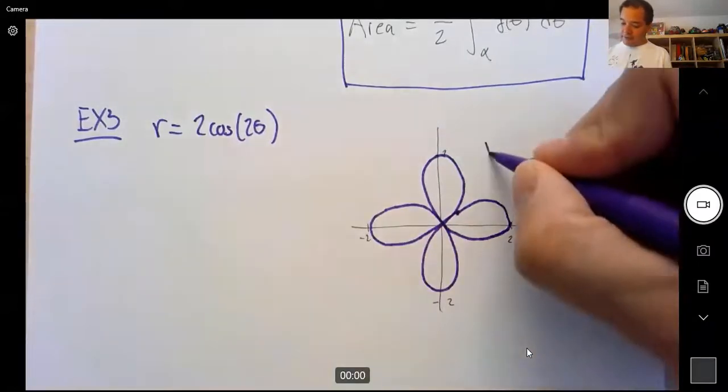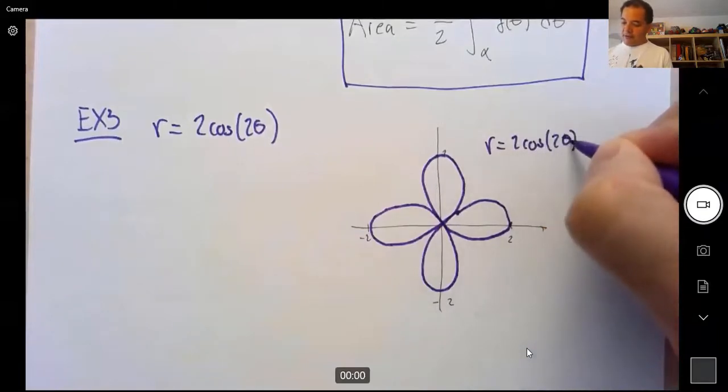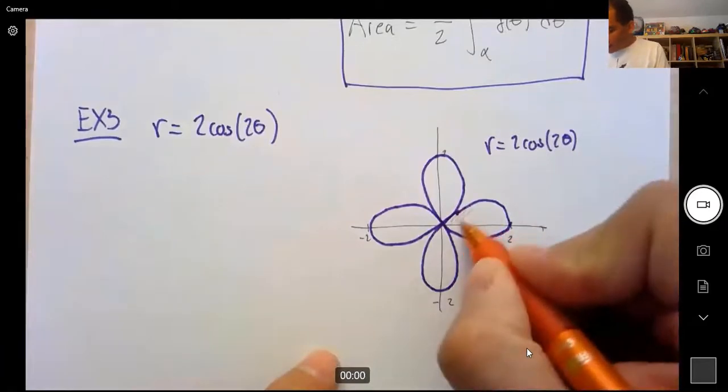So that's this graph, 2 cosine 2 theta. Now, using the symmetry, maybe we don't need to do a complicated integral. This is symmetric, so each one of those 4 petals is the same. We can simply do the area of one of the petals, or even 1/2 of a petal. Maybe we should try to only do the area of this part over here.